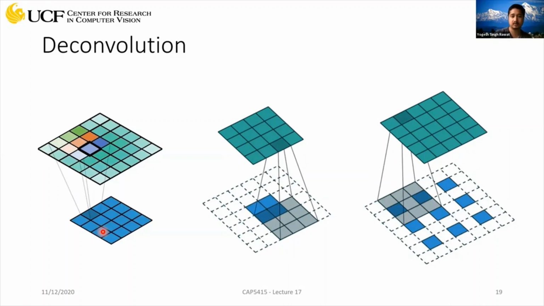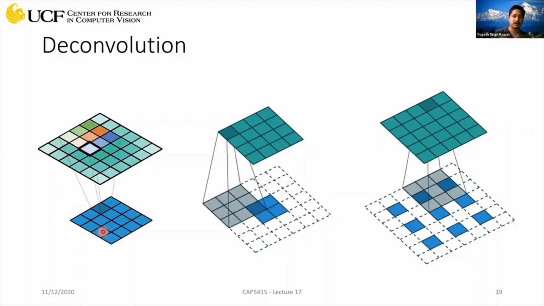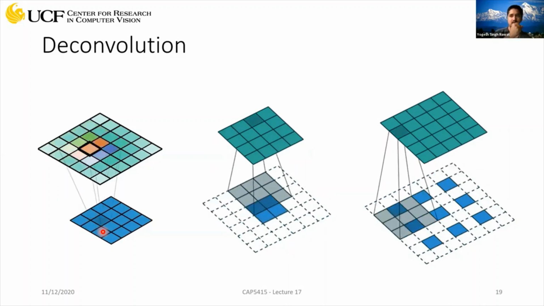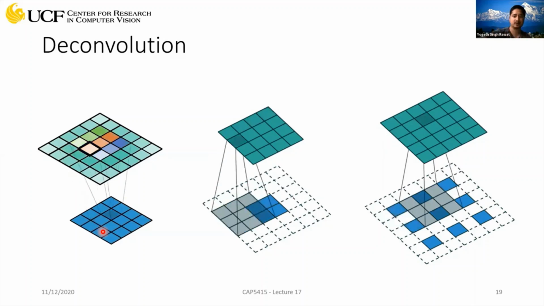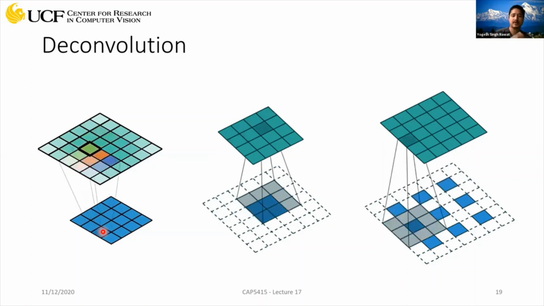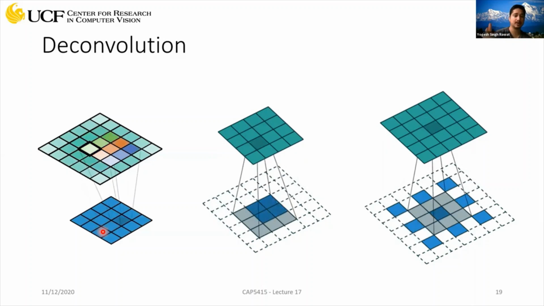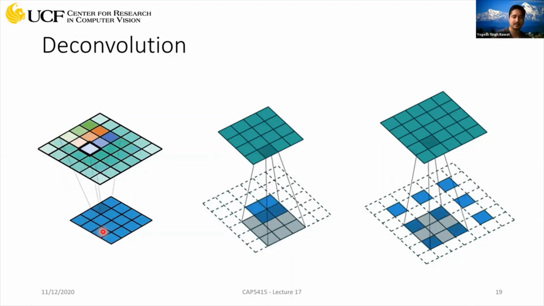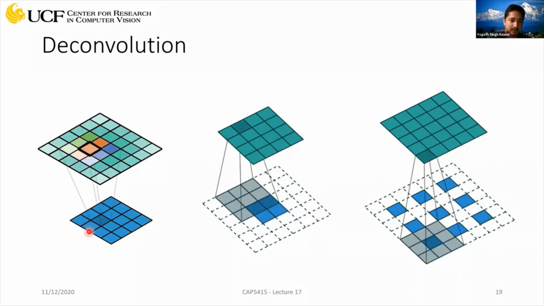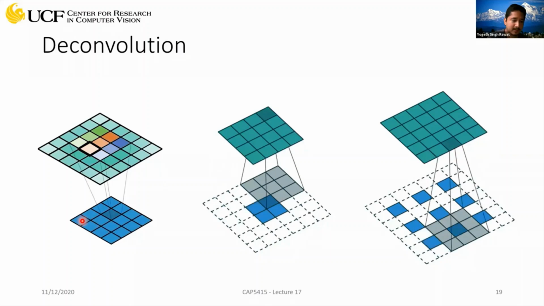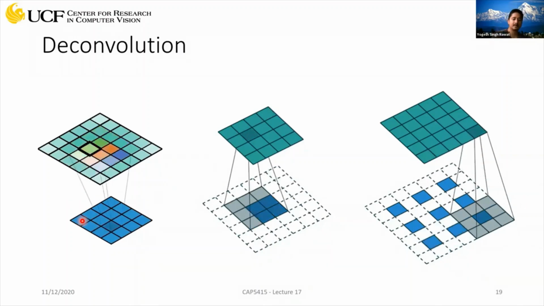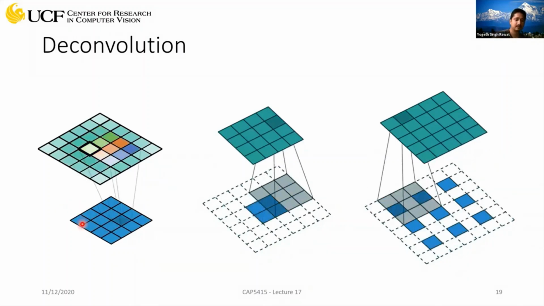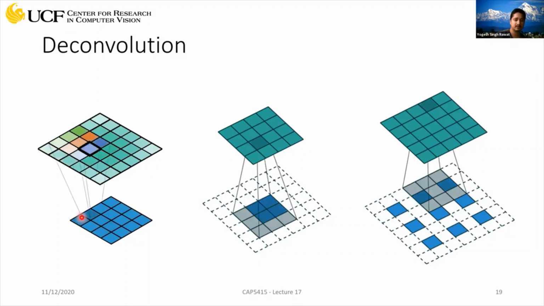But in deconvolution, you still have that kernel, but instead of using 9 values and coming to 1, you are going to use one value and go to 9 different values. So it's a different direction. The way we do it is you put your kernel at this location and multiply this value with your kernel values.